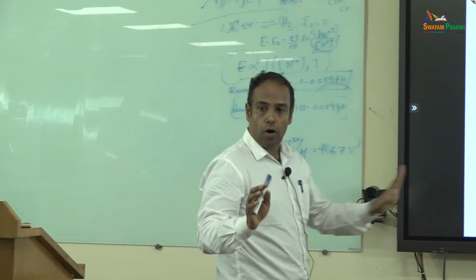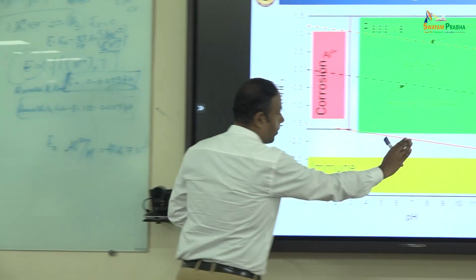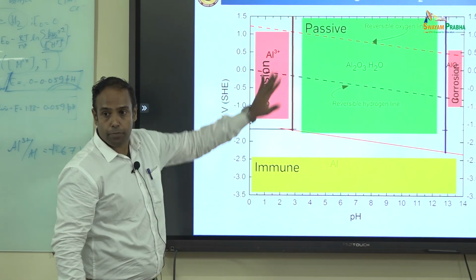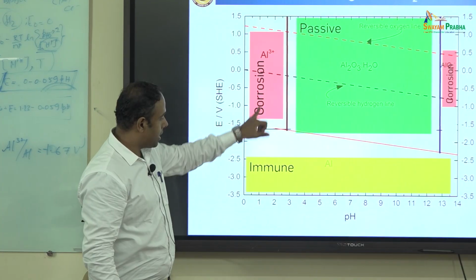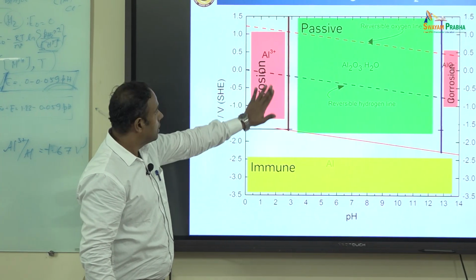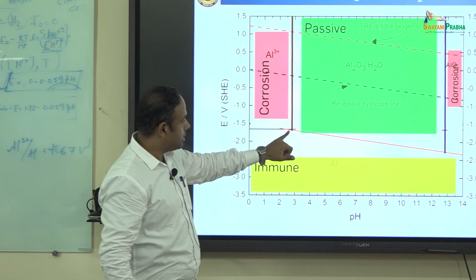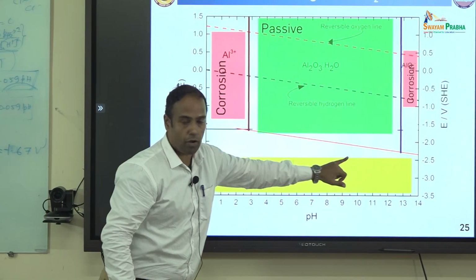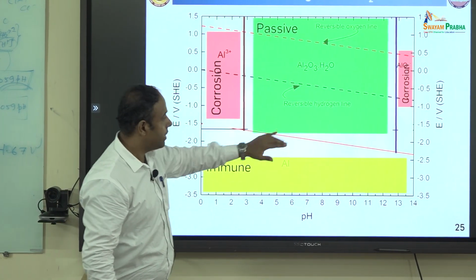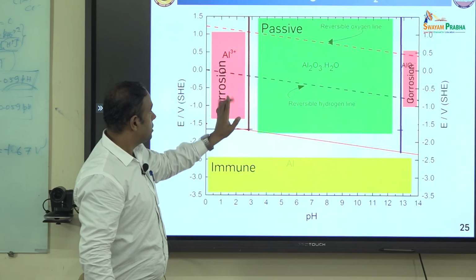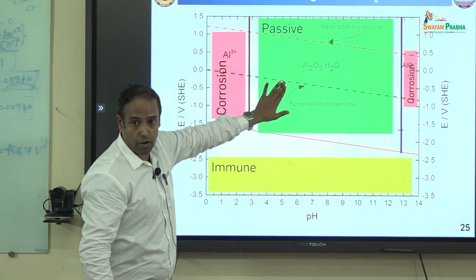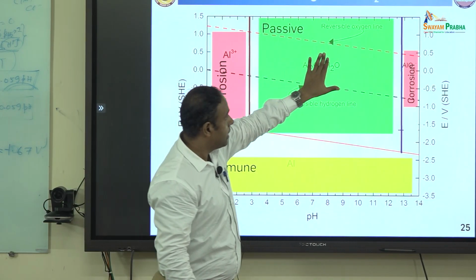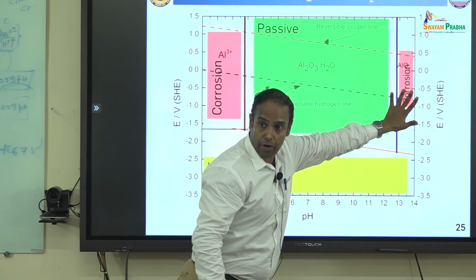So, I do all the magic, remove all the overlapping lines, and I get this as a Pourbaix diagram. Here is metal, this is Al3 plus, and this line is between metal and metal oxide, and this vertical line is between the metal ion and metal oxide, cation and metal oxide and metal anionic species.